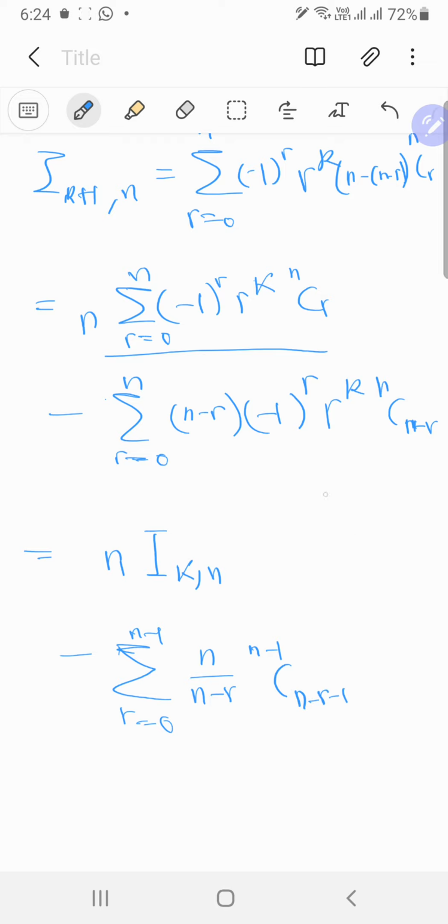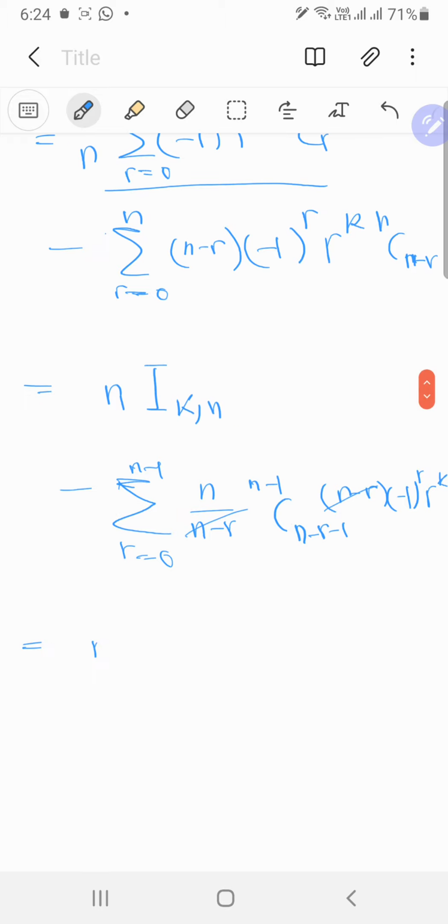Okay, and you got this n minus r over there, and the remaining stuff, which is negative 1 power r and r power k. So this thing cancels with that. Nice. So this is going to be equal to n I sub k comma n.